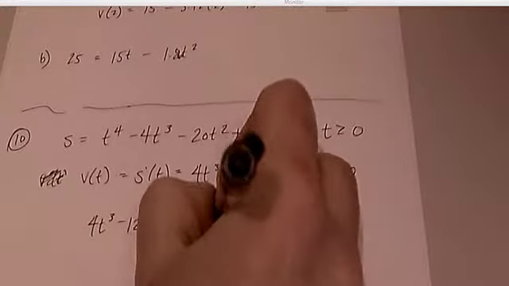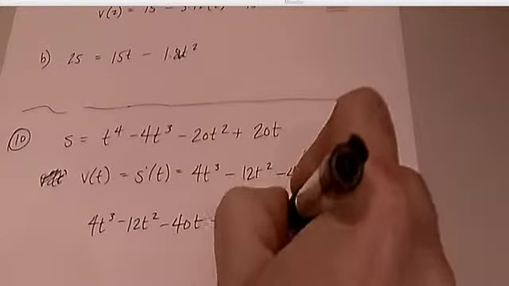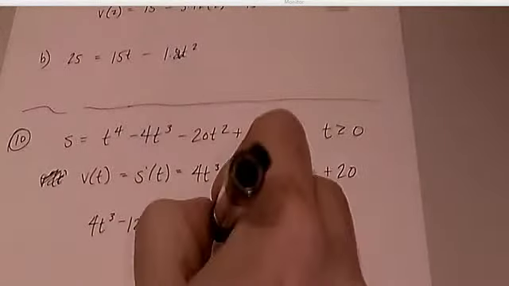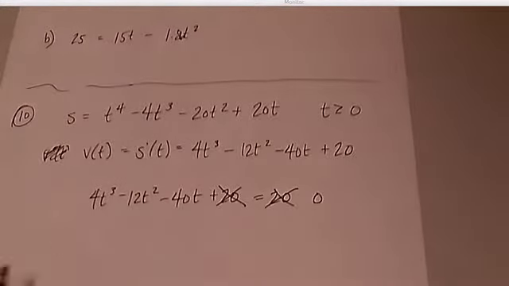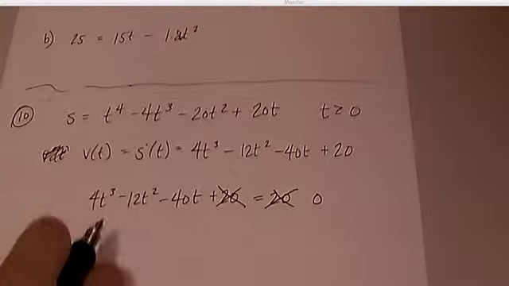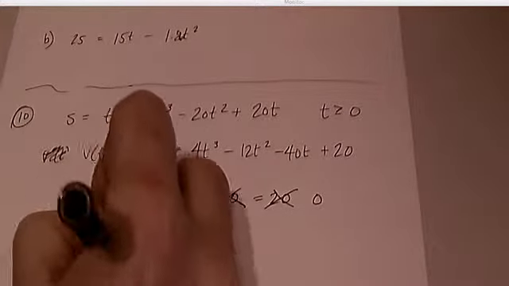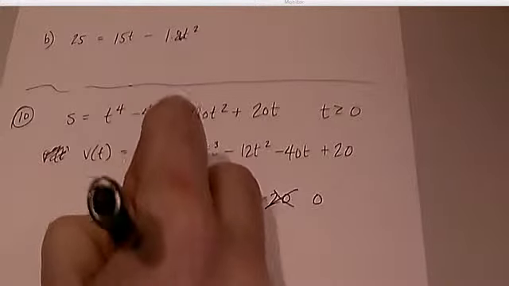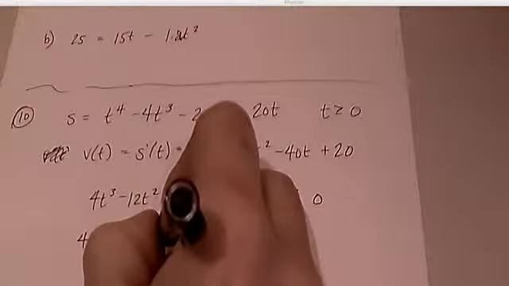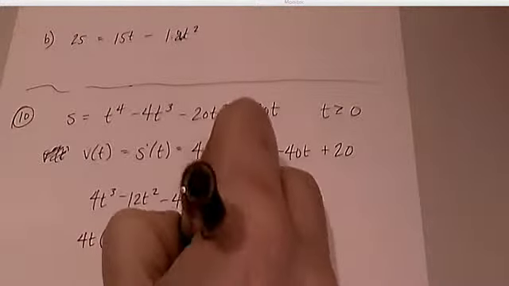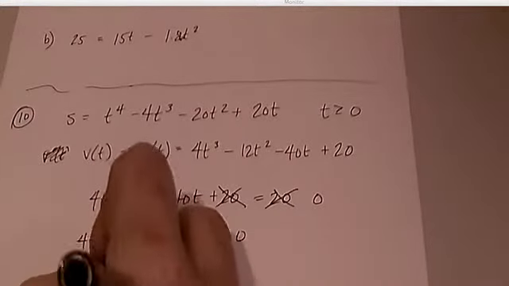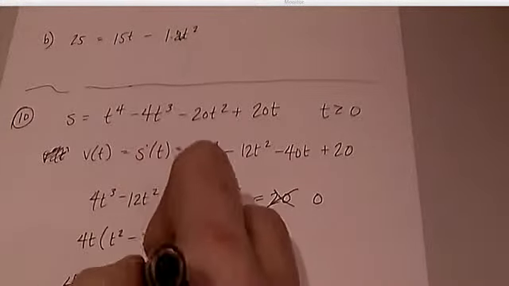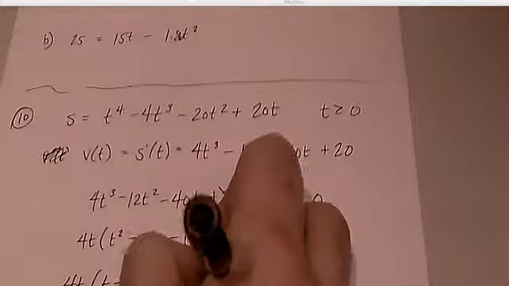They gave you 20 because those cancel out, and you're left with something you can actually factor. Let's factor out a 4t, and that winds up being t squared minus 3t minus 10, which further factors into t minus 5 and t plus 2.